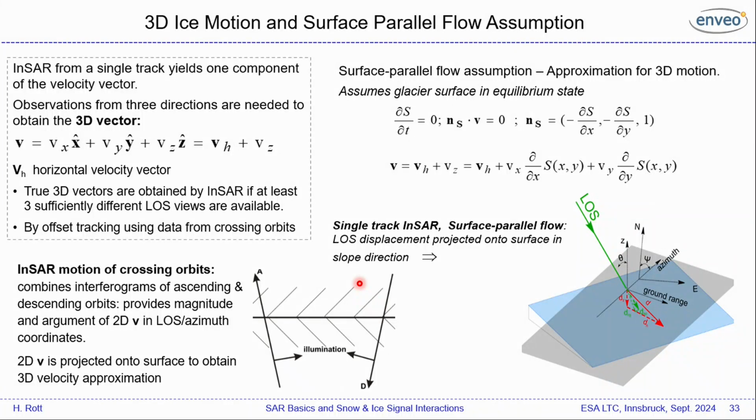So to get around this, many people apply the surface parallel assumption as an approximation for 3D motion, which means we use data from ascending and descending orbits, and we assume that the point moves along the maximum surface gradient in slope direction, like a water drop, and the surface is stable.